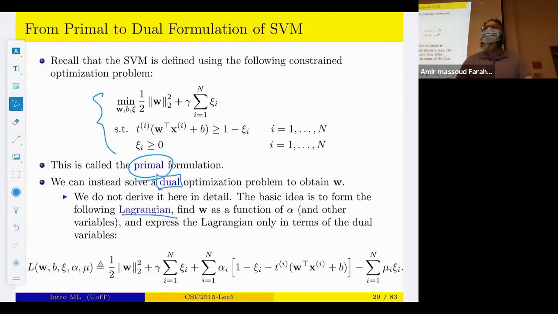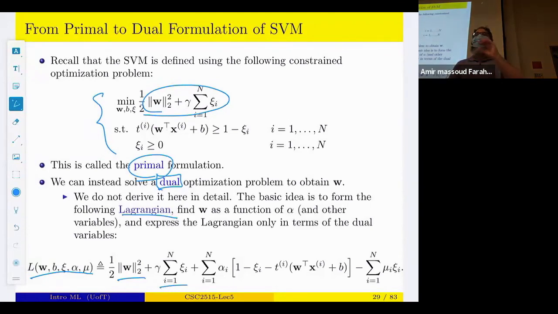And if you recall, Lagrangian is essentially a single objective that puts all the constraints into one objective. So how does the Lagrangian look like here? So Lagrangian, which depends on all the variables, is, okay, the objective itself. So we have L2 norm squared of W. We have the penalty term.